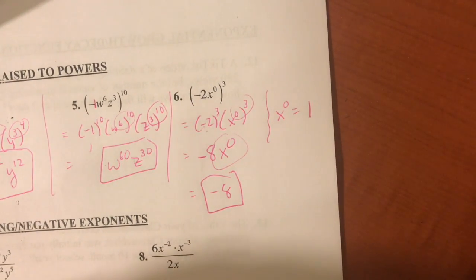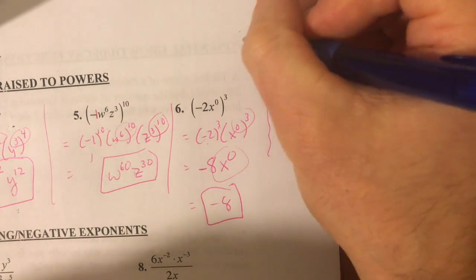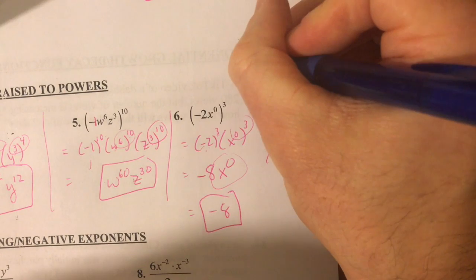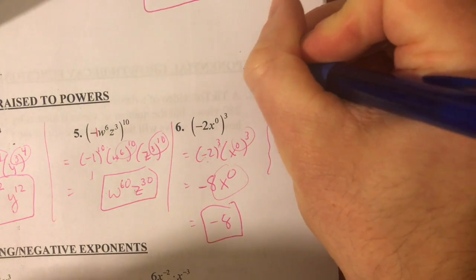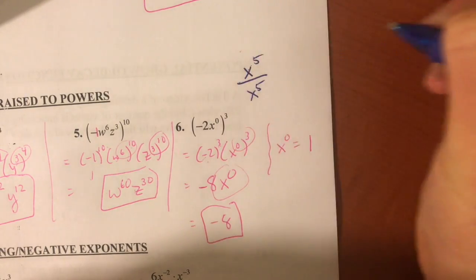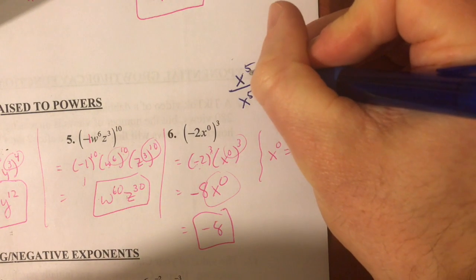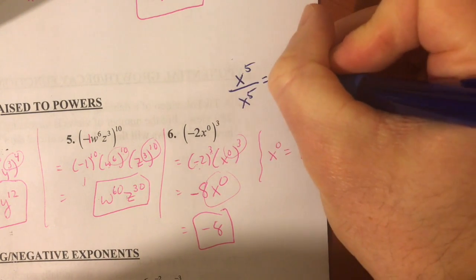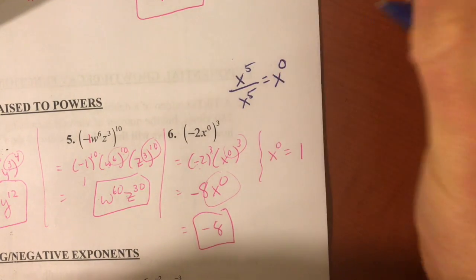And one way to refresh yourself on that, if you want to remember why that is, here's one way to convince yourself. If you have x to the 5th divided by x to the 5th, now this is going to use the division rule we get to in just a second here, but when you divide, it's the opposite of multiplication, so you subtract your exponents. 5 minus 5 is 0.